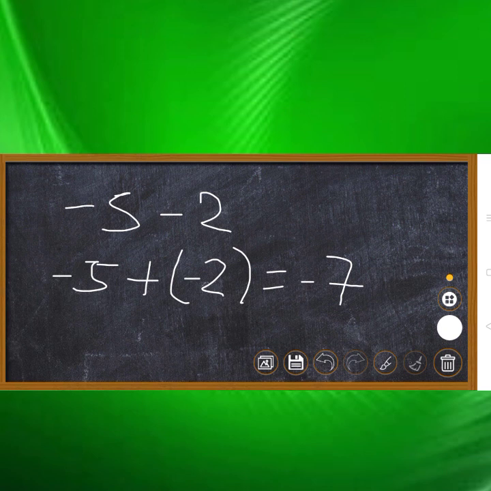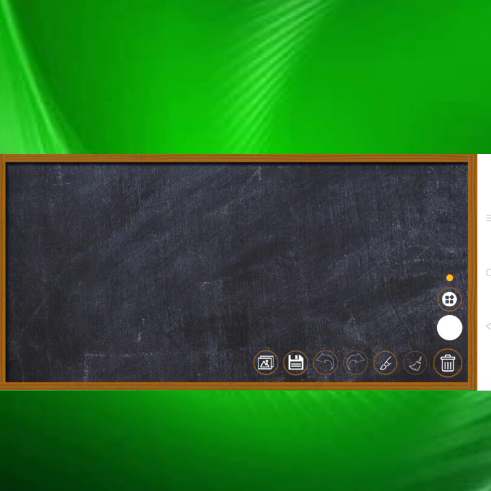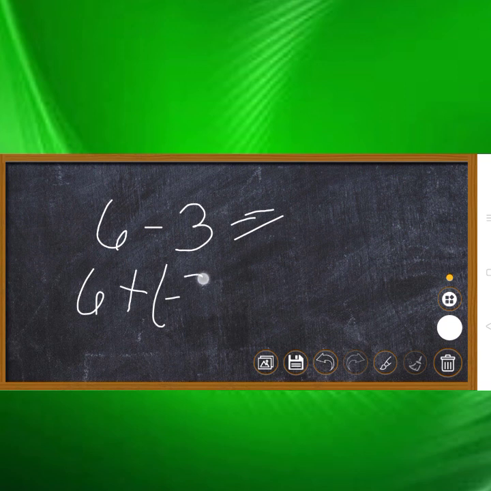Okay, understood. So, last example. Positive 6 minus positive 3 equals. You need to keep the minuend, positive 6, change the sign into addition, and change the subtrahend, positive 3, into negative 3.